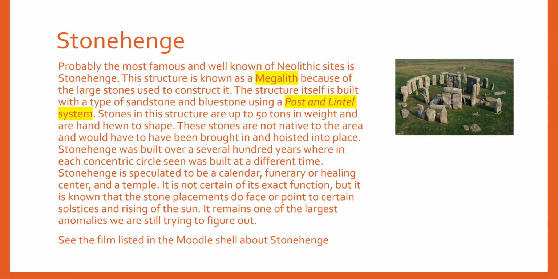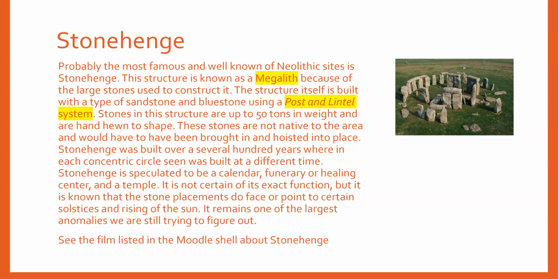So there's a great movie I put there on your Moodle shelf for looking at it, but it definitely is a grave site. It has the alignment to be with summer and winter solstices, which is very common within these early architectural pieces, that there was a celestial aspect to them.